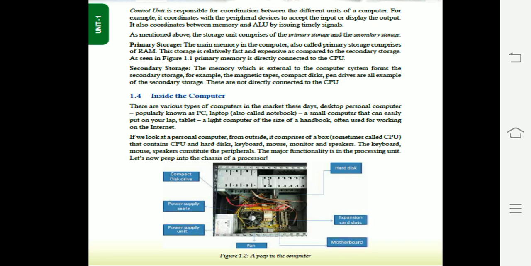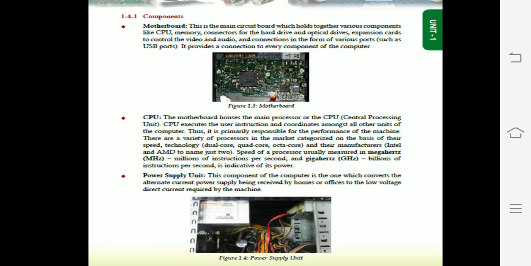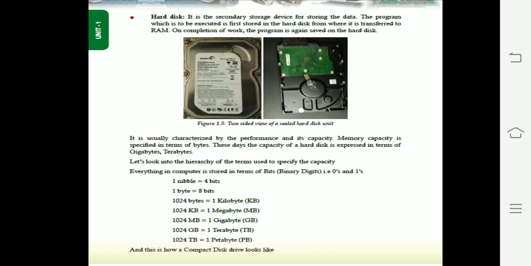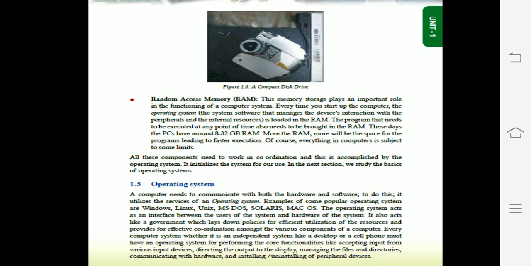We also discussed what is inside our computer and its different components, then the different measuring units of memory or storage space of our computer, and random access memory, that is RAM. Since you have learnt all these, today we will discuss the operating system.